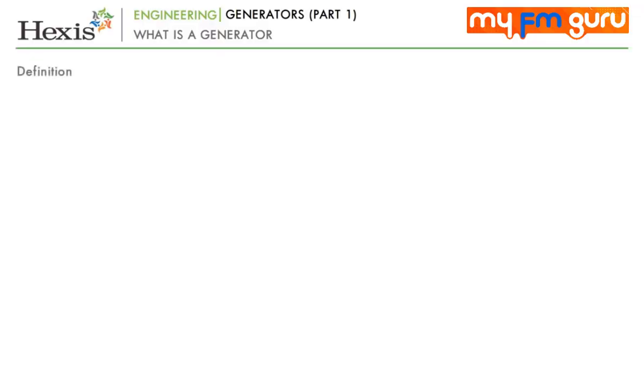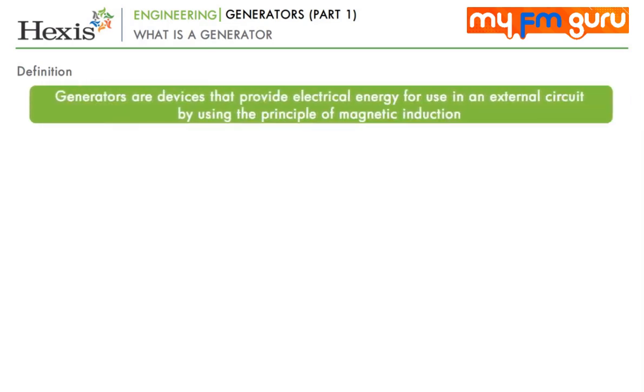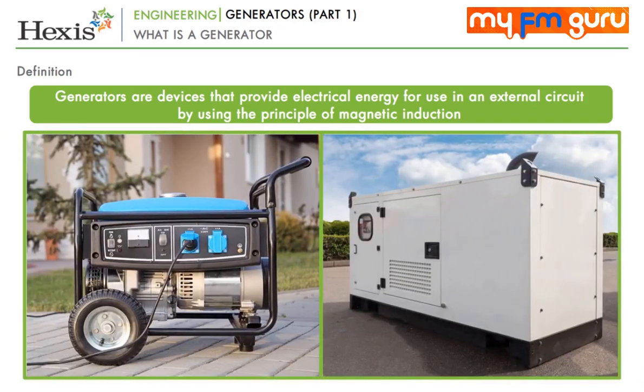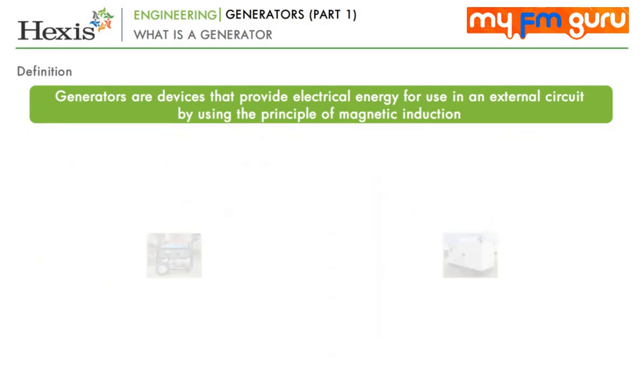First, let's understand what generators are and how they are classified. Basically, generators are devices that provide electrical energy for use in an external circuit by using the principle of magnetic induction and are available in different electrical and physical configurations for use in different applications.